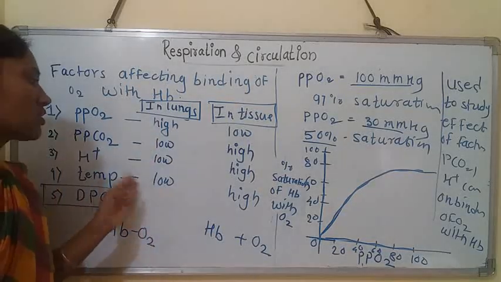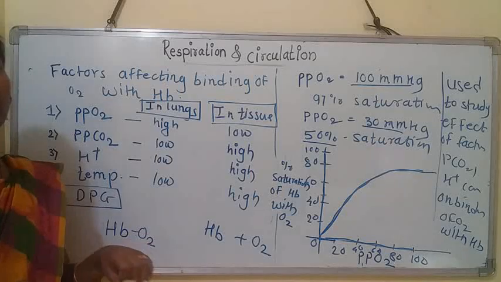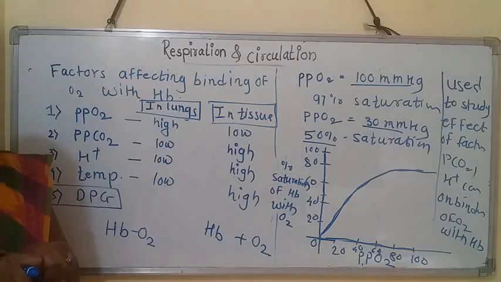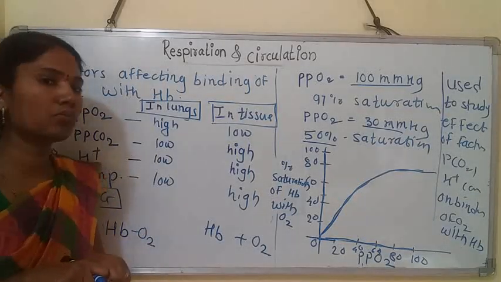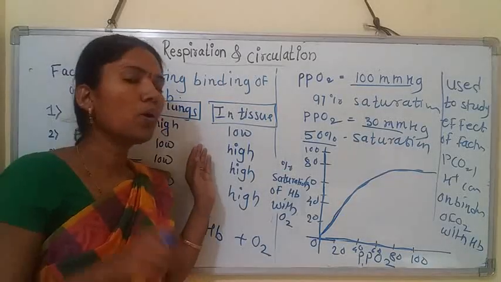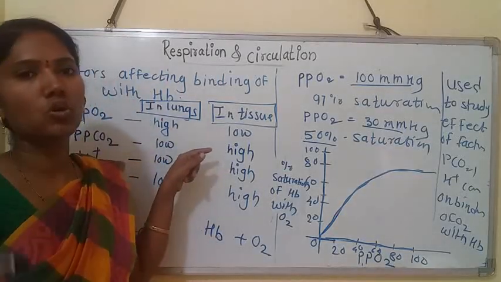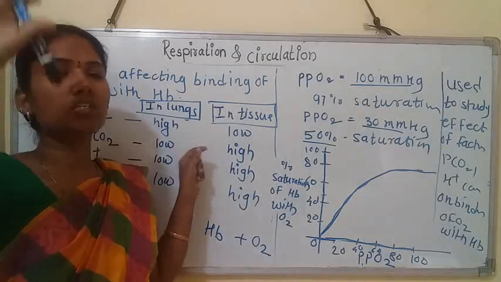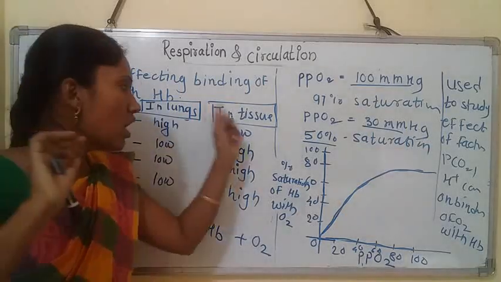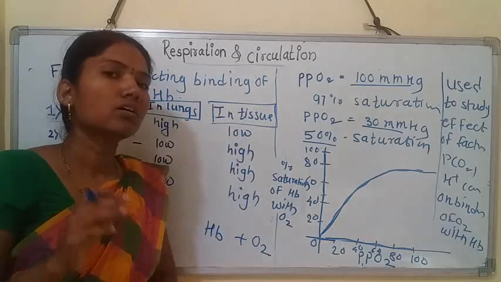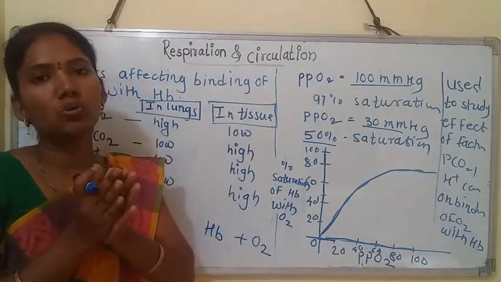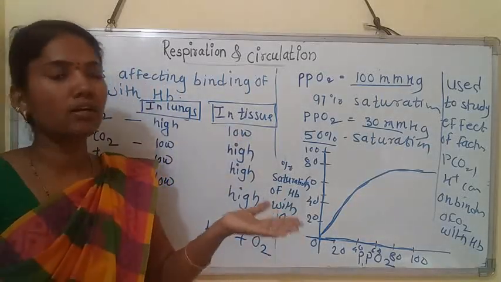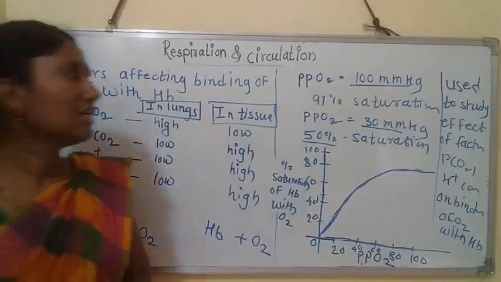These factors are favorable for the binding of oxygen with hemoglobin, that is, formation of oxyhemoglobin. But in the tissue, partial pressure of oxygen is low, partial pressure of CO2 is high, temperature is high and H plus is also high. Due to these factors, the oxyhemoglobin complex gets dissociated and oxygen is released.